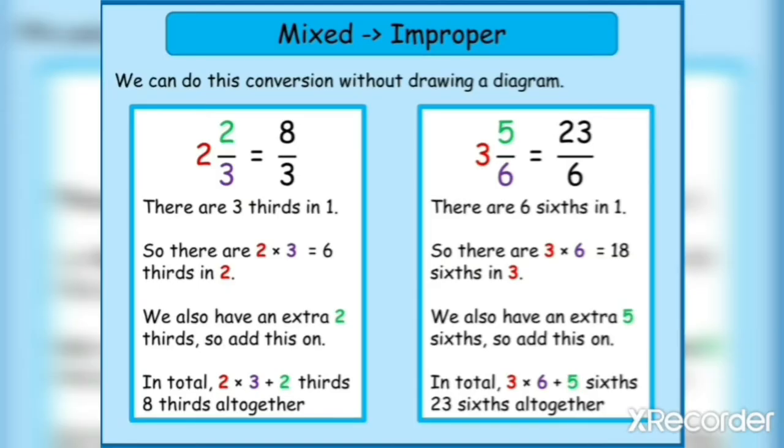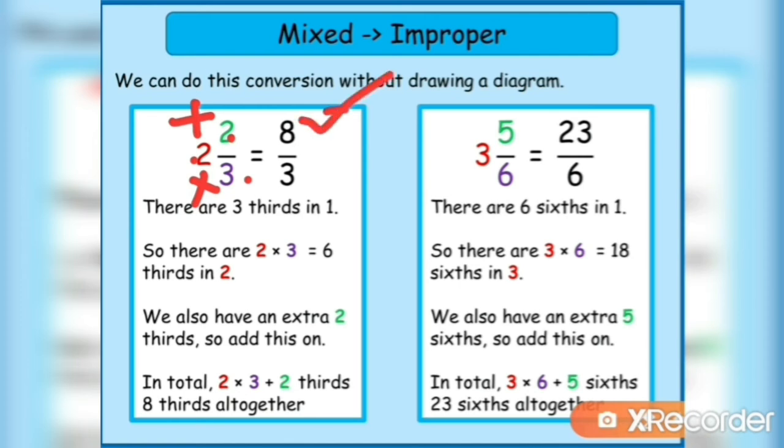Now, how to convert mixed fraction into improper fraction? Very easy. Here we have 2 integer 2/3. So what we will do? We will multiply 2 with 3. 2 3s are 6. 6 plus, add the number that is in the numerator. 6 plus 2, that is 8.